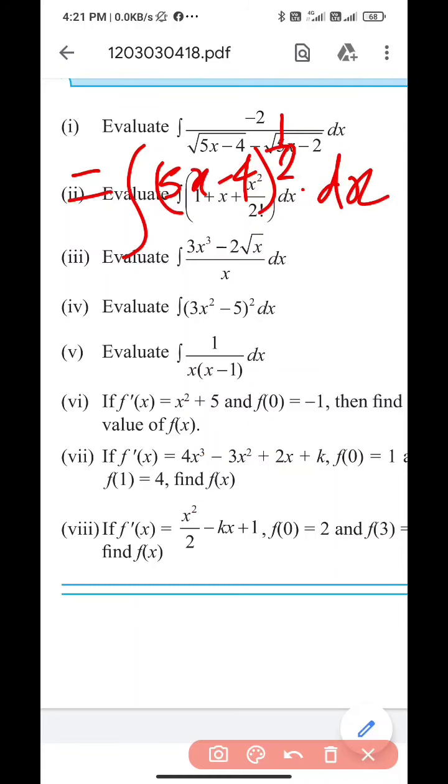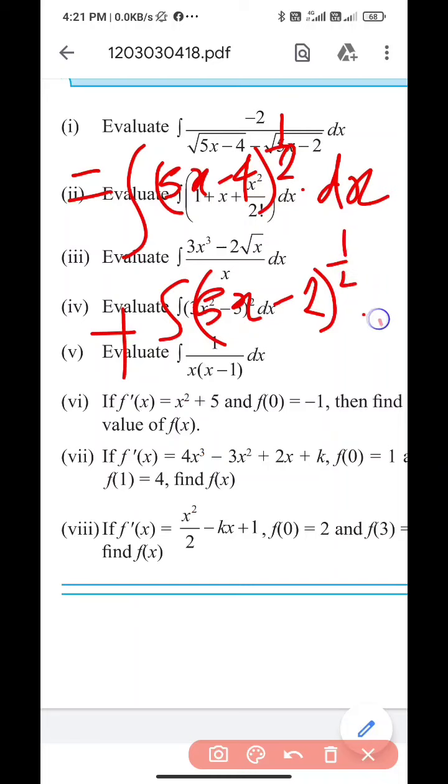I'm separating the integration, as it was plus sign in between the two square roots, plus integration of 5x minus 2 whole bracket 1 by 2 dx.